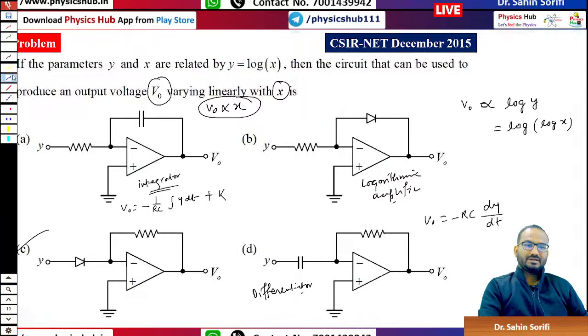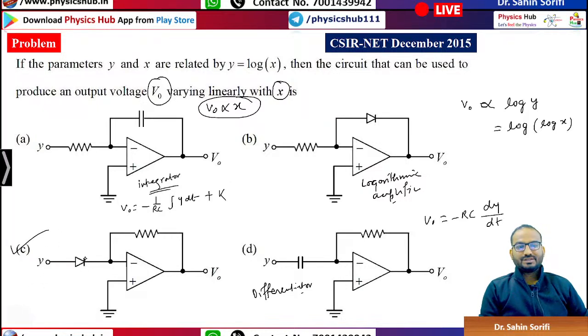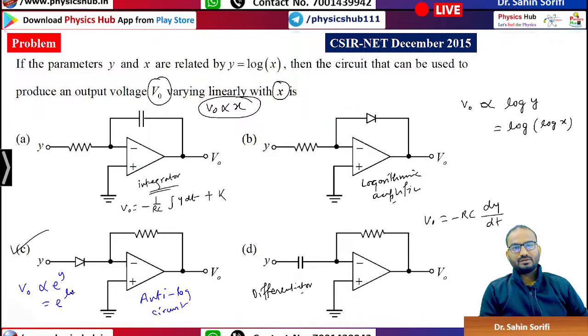It is remaining. You see, this is an anti-log circuit. Here output voltage V0 will be proportional to e to the power y. Okay, e to the power log x, so this is x.